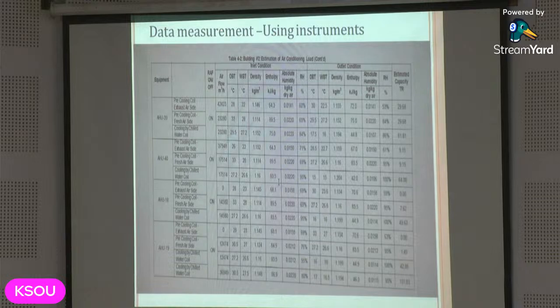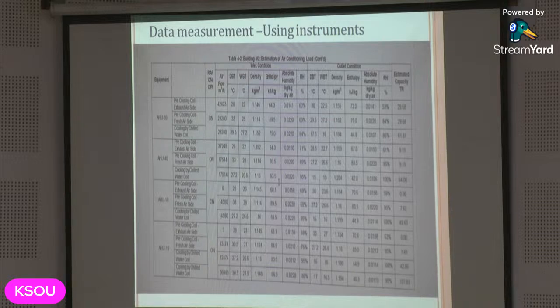And I told you a lot of data needs to be collected during the audit, and many instruments have to be used. This is one example of data collected from one of the equipment. This is called an AHU, air handling unit. You can see what data they collect: airflow, DBT (dry bulb temperature), wet bulb temperature, density, enthalpy, absolute humidity, RH, DBT again.